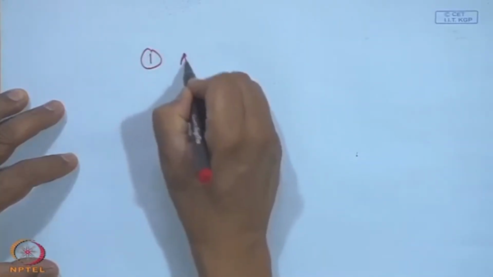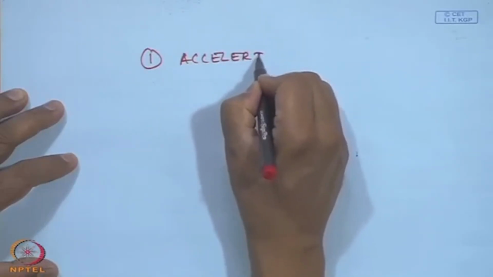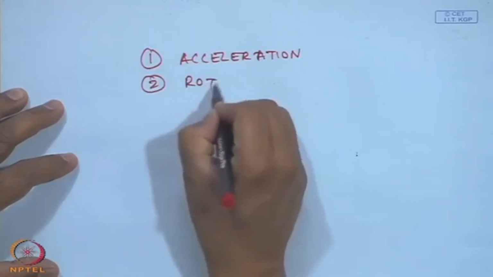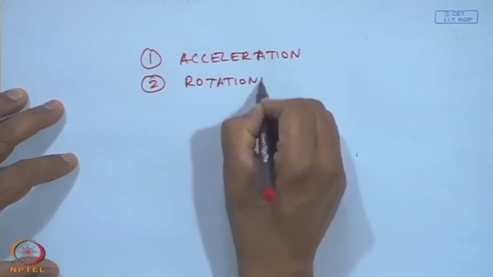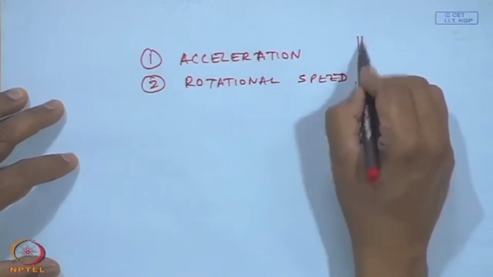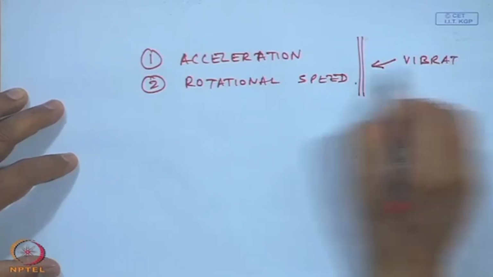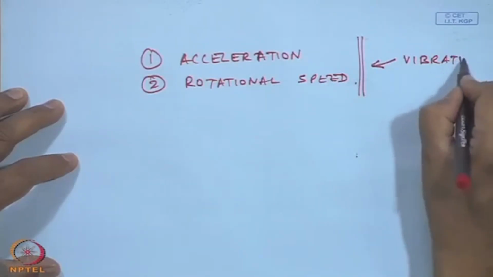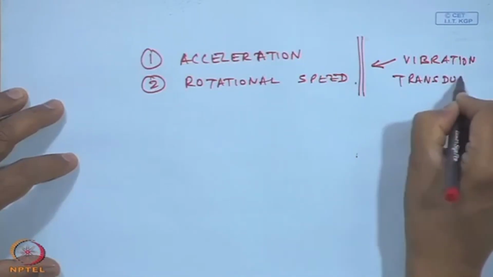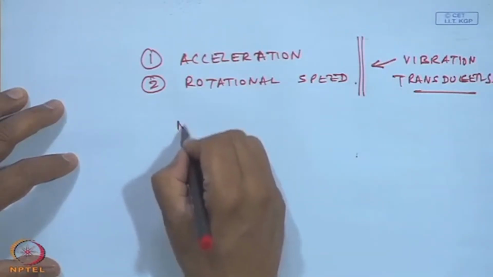One is acceleration, and the other is the rotational speed. So, these are the two most important vibration transducers, though rotational speed is strictly not vibration, which you have to use for machinery health monitoring.